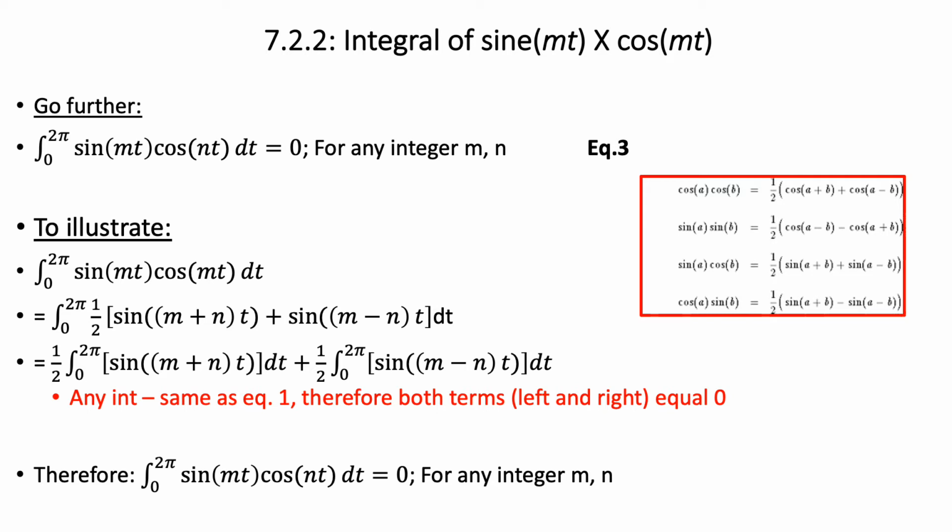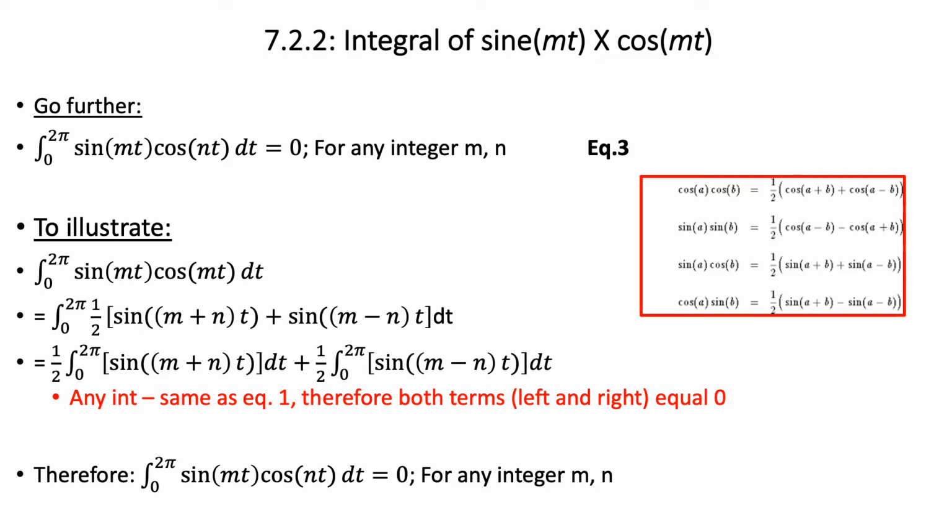If you can recall the trigonometric equations based on the table that I highlighted in red, we have equation number 3, which says sin A times cos B equals half of sin(A plus B) plus sin(A minus B). And we put that into our equation.